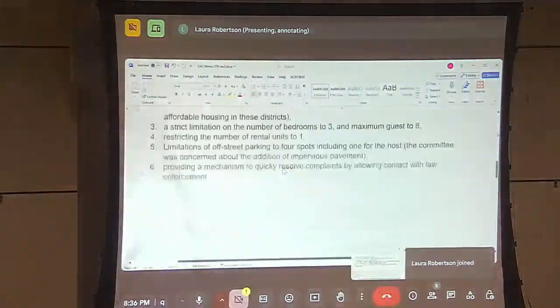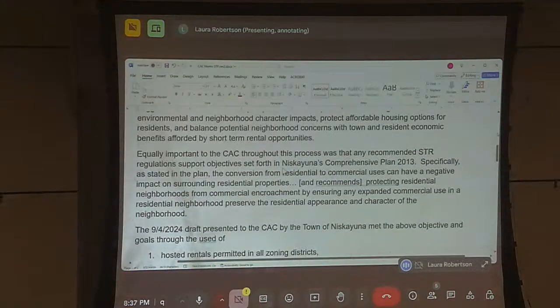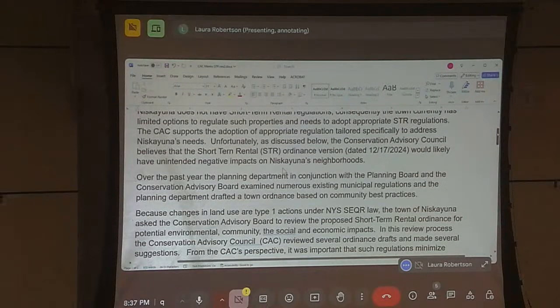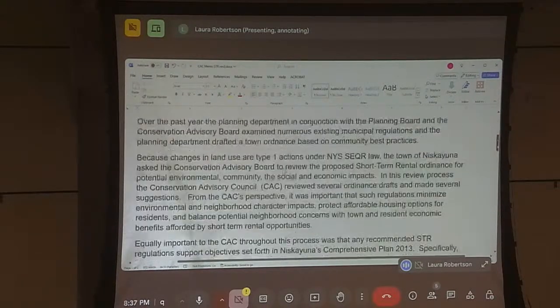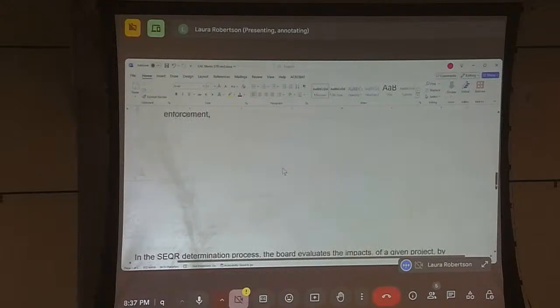Right? Right. So, are people on the council okay with the top half of this memo?